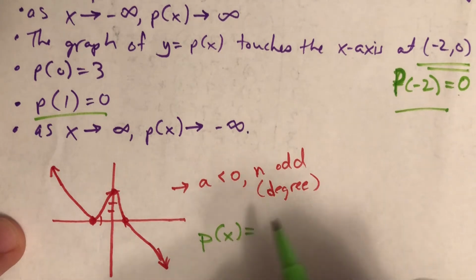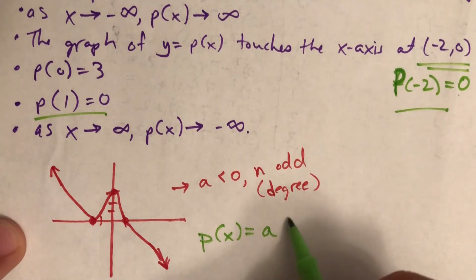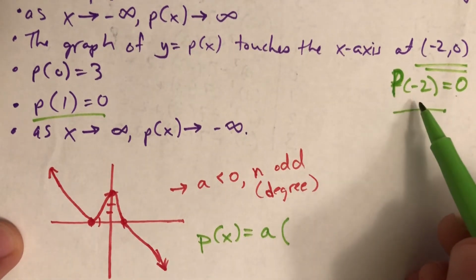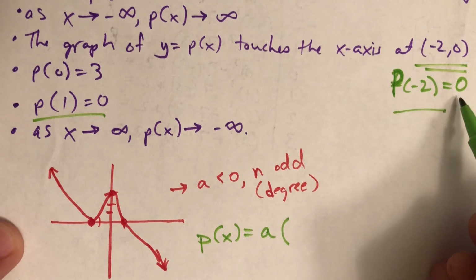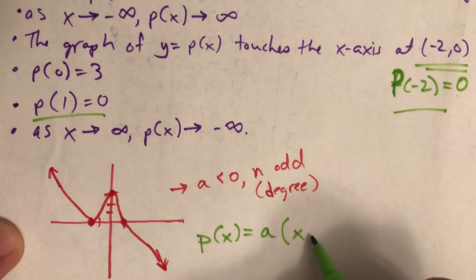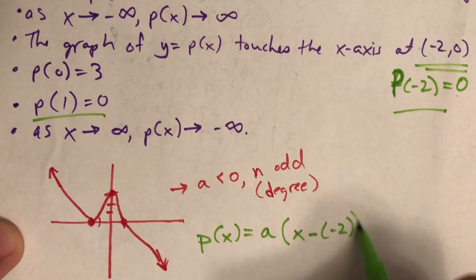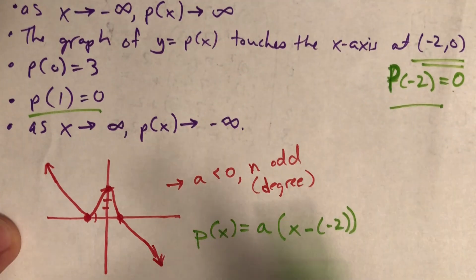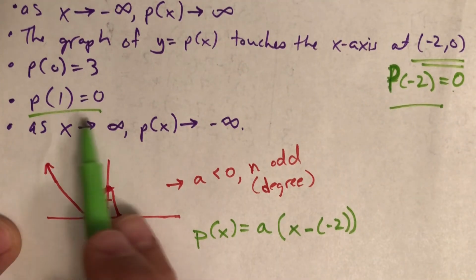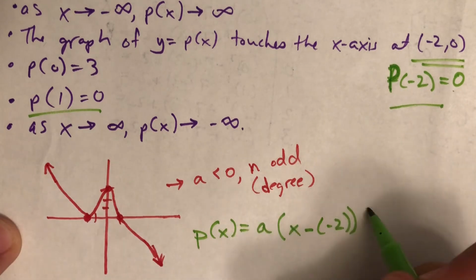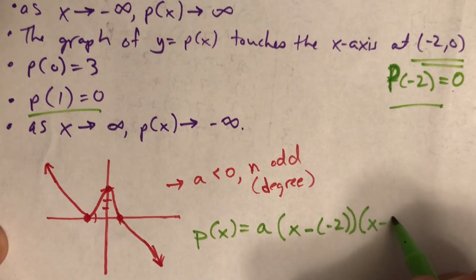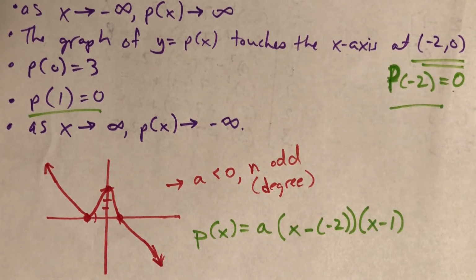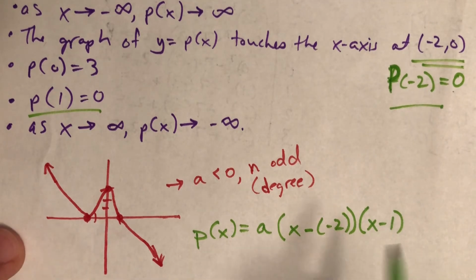P of x equals, we know we have to have some number out front. Now p of negative 2 is 0, and the factor theorem tells us that x minus negative 2 has to be a factor. And on this one, x minus 1 has to be a factor. What else do we need?